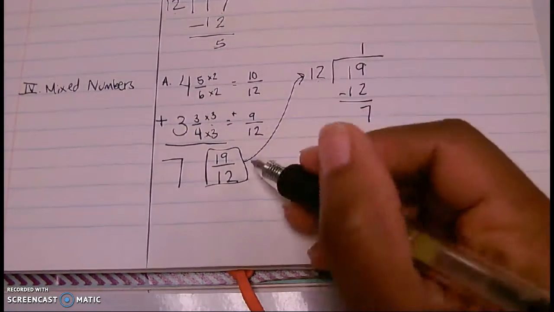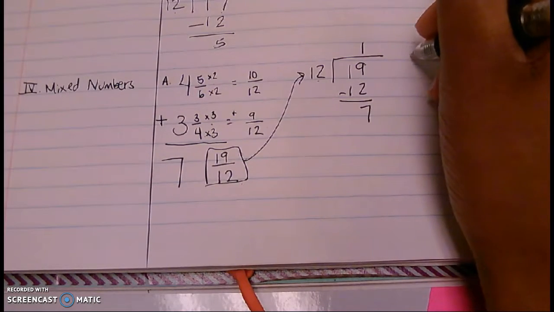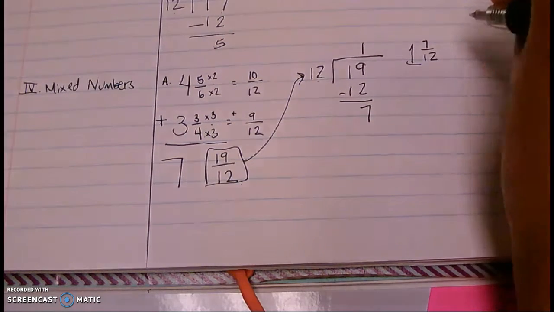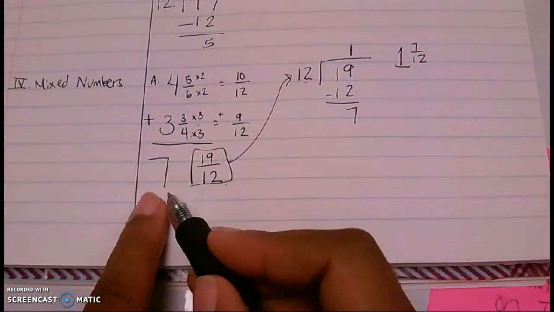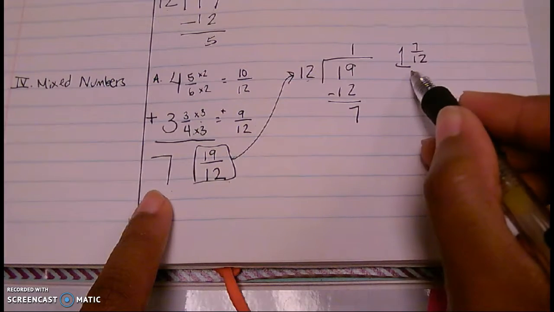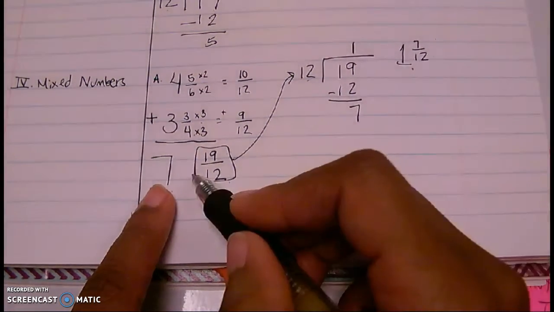That means that 19 twelfths is the same thing as 1 and 7 twelfths. So essentially what I have now is 7 plus 1 and 7 twelfths. Okay, because remember, these are the exact same.